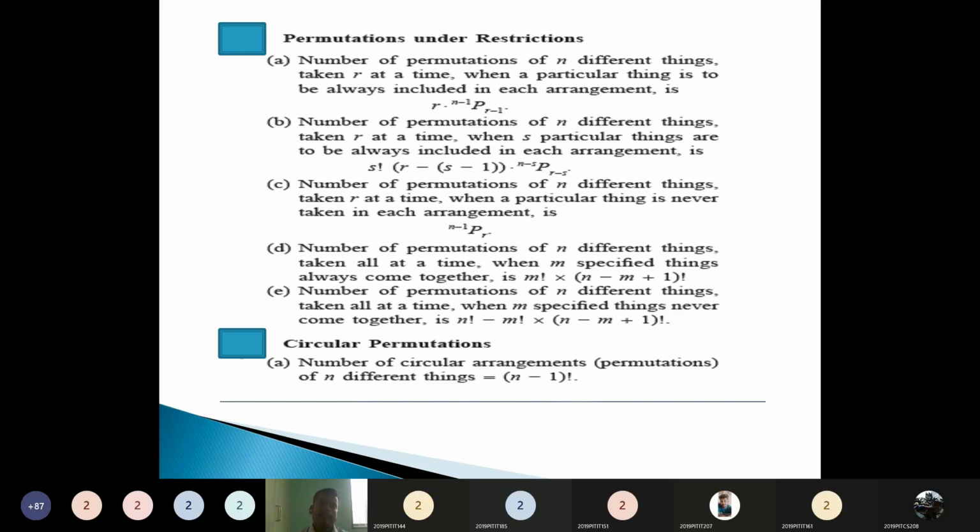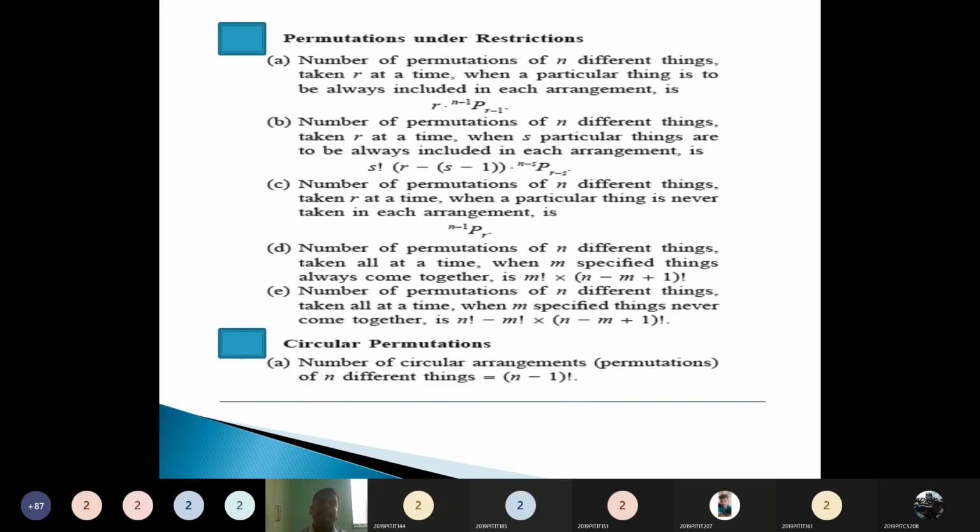That's the fourth case. The number of permutations of n different things taken all at a time, when m specified things always come together. Here we take all the elements, not like the first three cases, where we take r objects, that is r less than n.